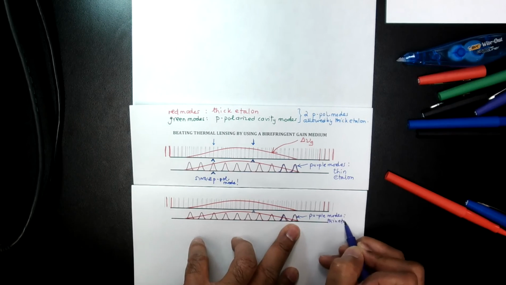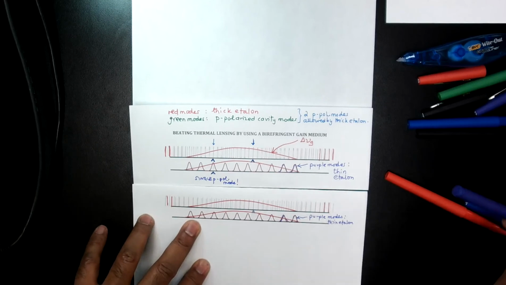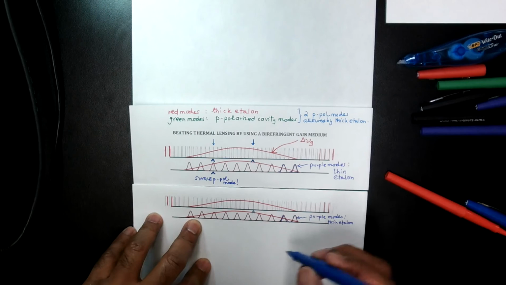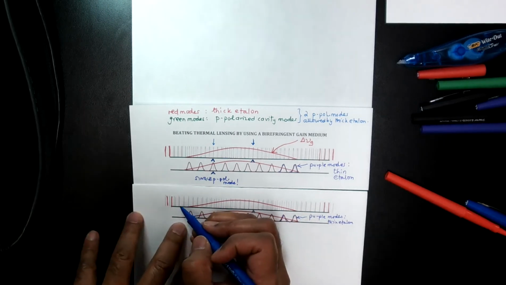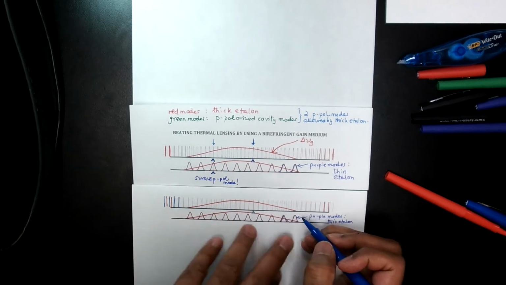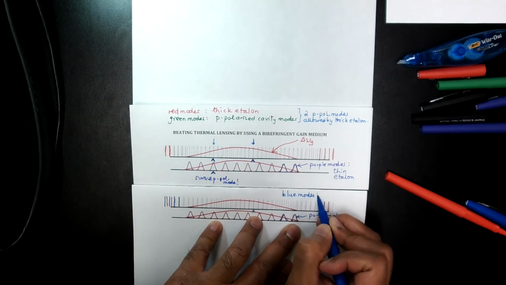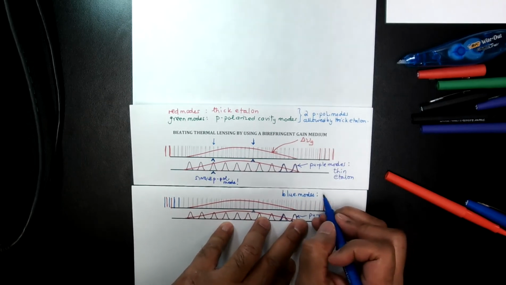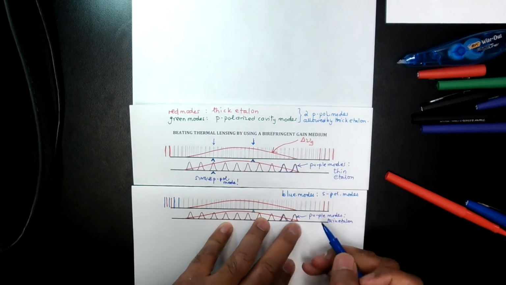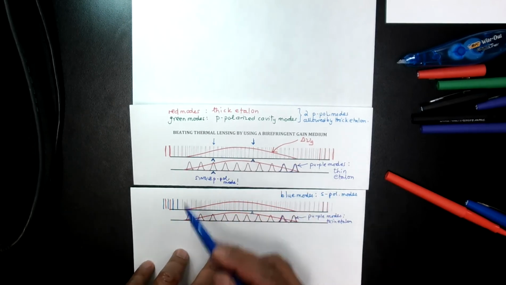The gain profile is shown, but you will notice that in this case, the cavity modes, these blue lines, so there are blue modes, and these blue modes are the S-polarized modes. Okay, so the blue and the green and the red, all these modes are present in the cavity.